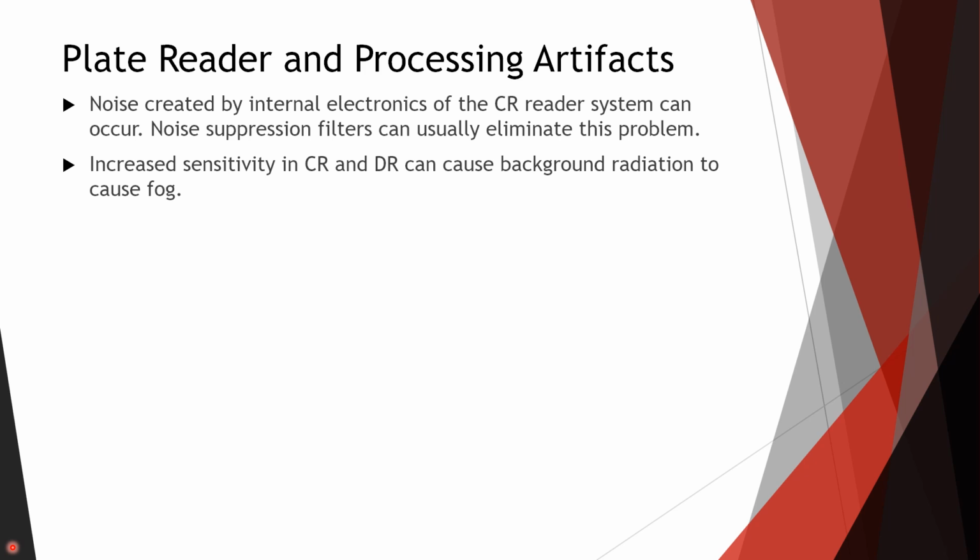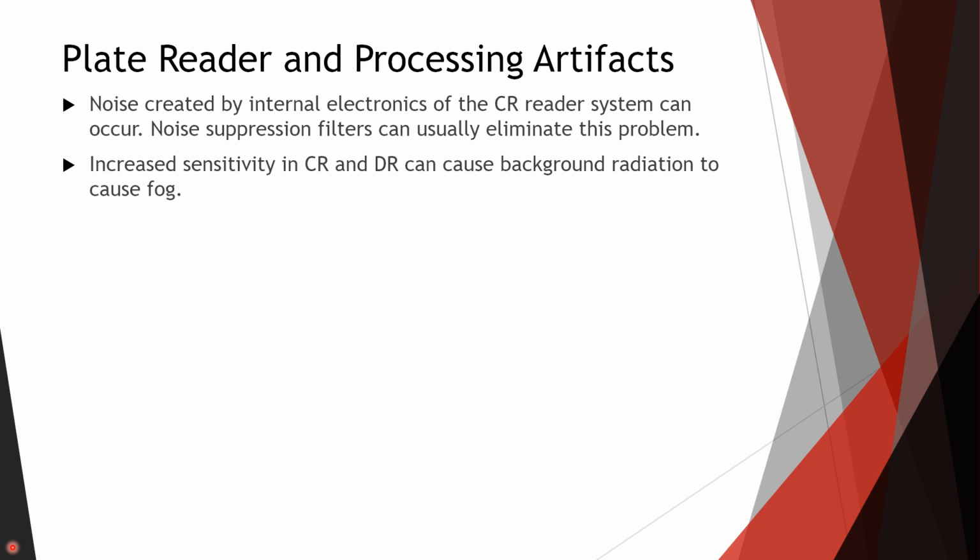Increased sensitivity in CR and DR can cause background radiation to cause fog. DR is even more susceptible to background radiation, but it's only acquiring the data during the exposure. So there would have to be a source of radiation occurring during that time. A CR cassette or plate can always pick up radiation.